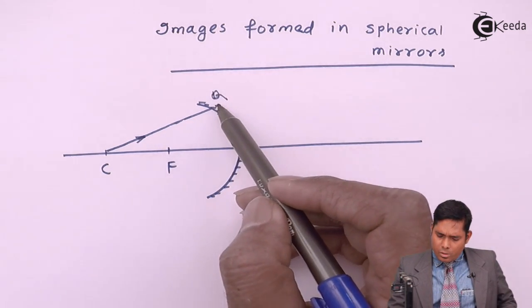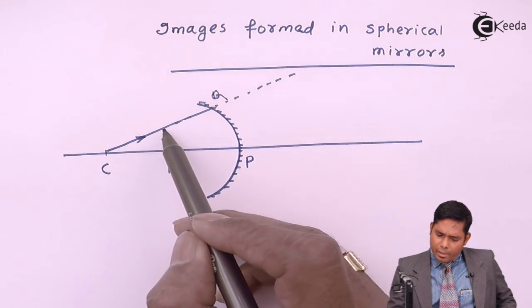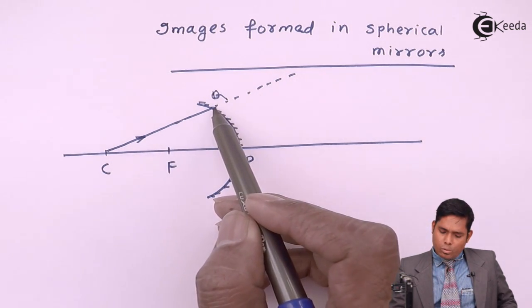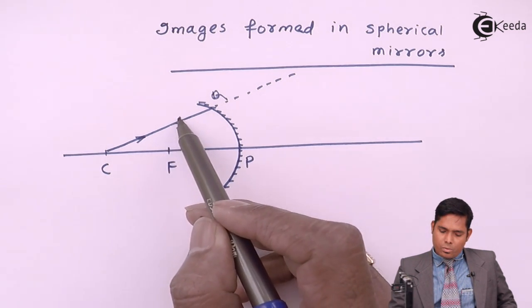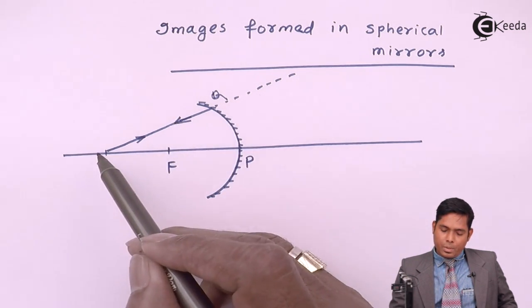Because this is a normal and the ray travels along this line, it will be retraced, reflected back in the same direction. So the ray will be like that.